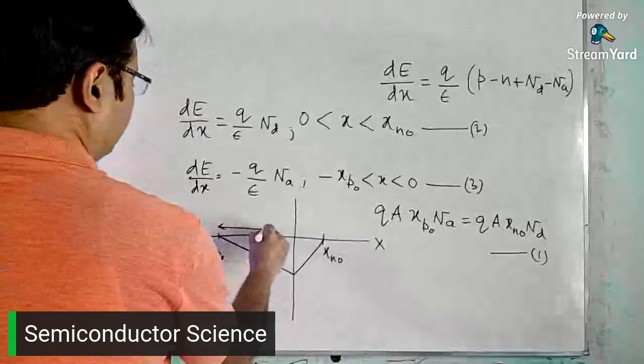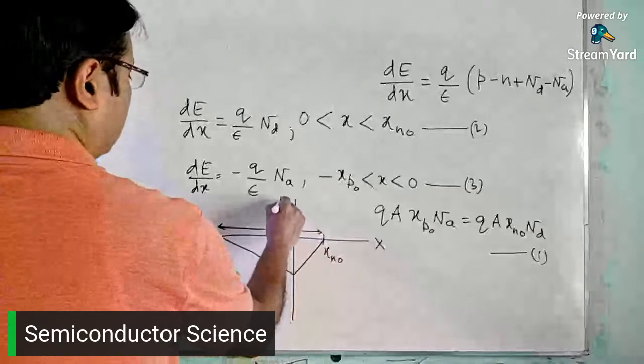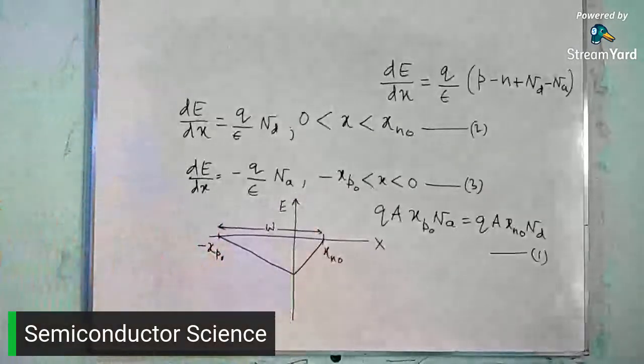This is the width of the depletion layer and this is the electric field.